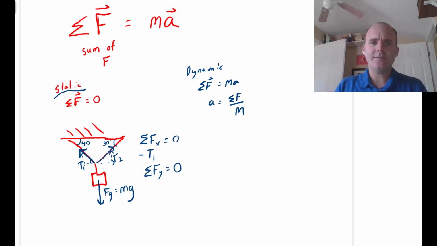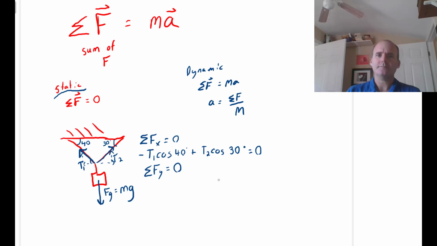So for this x component, since it's my adjacent side, I would have T1 cosine of 40 degrees. And then over here I would have positive, because it's going to the right, T2 cosine of 30 degrees. And that would be equal to 0.